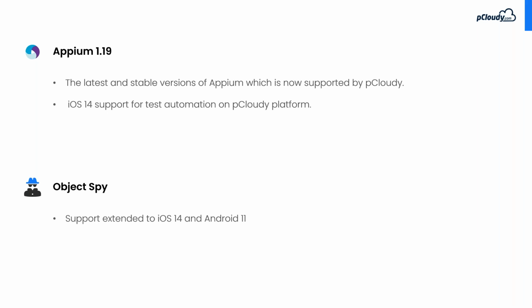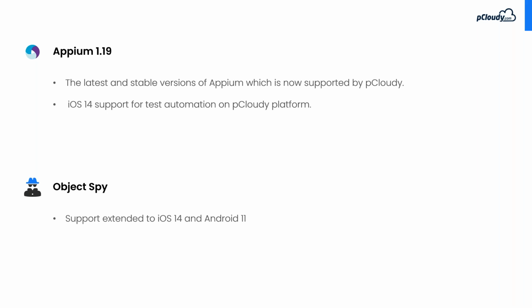ObjectSpy. For ObjectSpy, we have extended the support for iOS 14 and Android 11 because these are newly introduced OSs in the market. Our inbuilt ObjectSpy feature helps you find the object elements of your native applications.